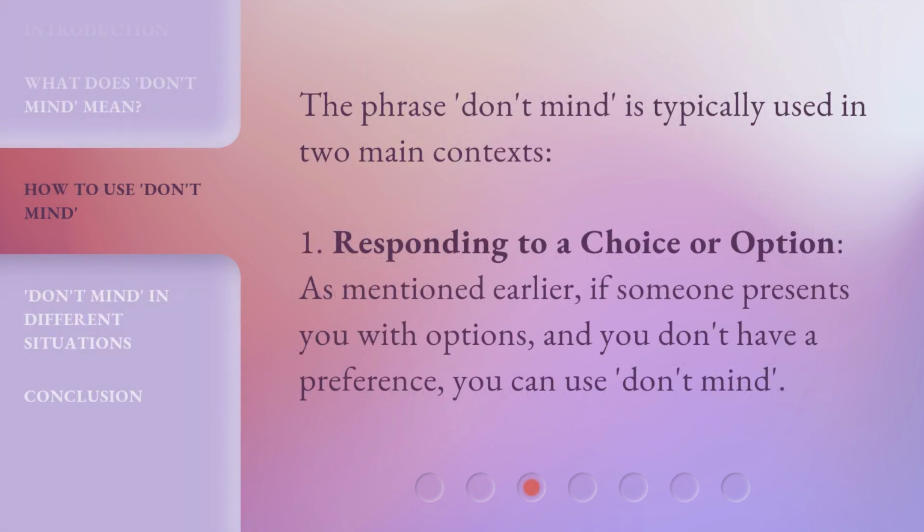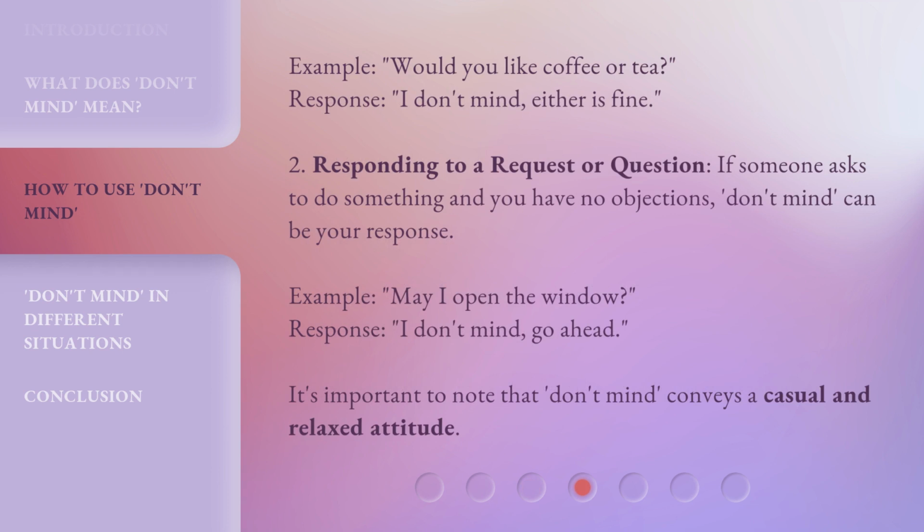The phrase, don't mind, is typically used in two main contexts. 1. Responding to a choice or option. As mentioned earlier, if someone presents you with options, and you don't have a preference, you can use, don't mind. Example, would you like coffee or tea?